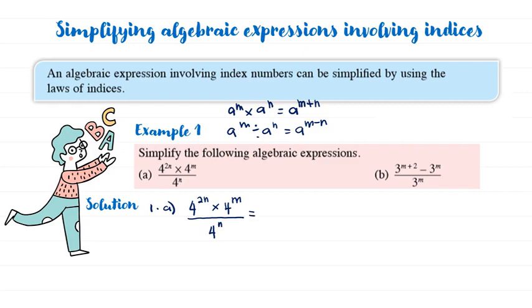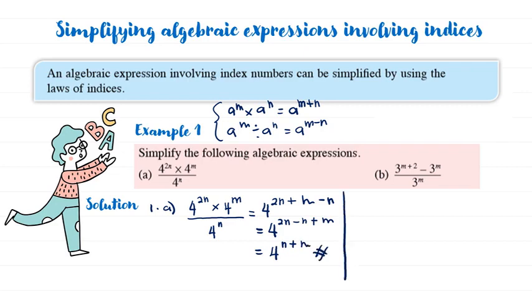Applying these two rules, it becomes 4 to the power of 2n plus m minus n. So 2n minus n plus m, so it becomes 4 to the power of n plus m.